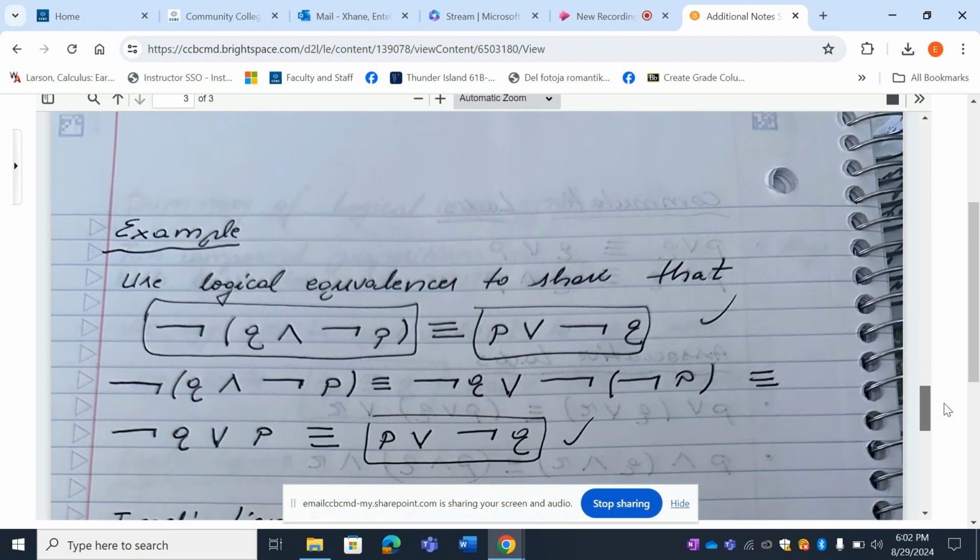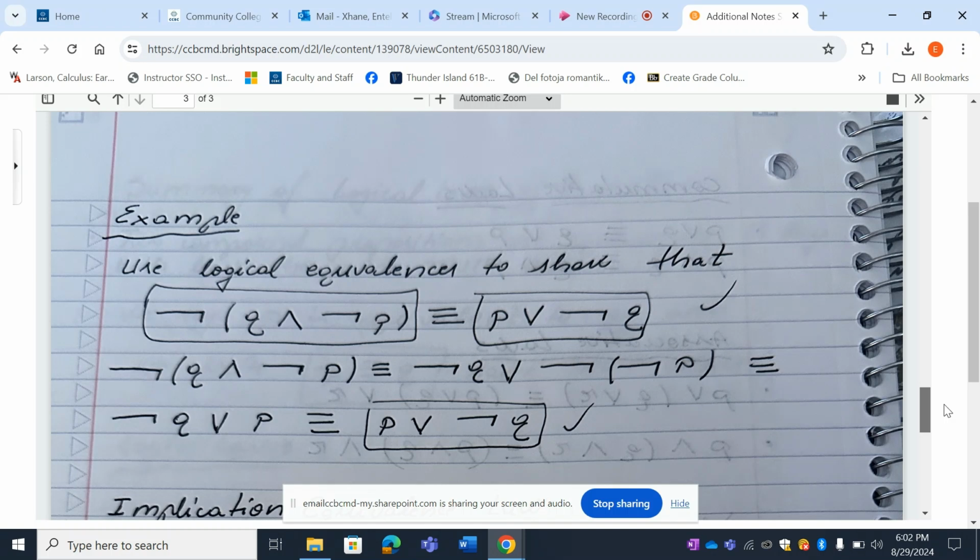And now let's see if we can use some of these logical equivalences to show that the logical laws are making statements equivalent to one another.